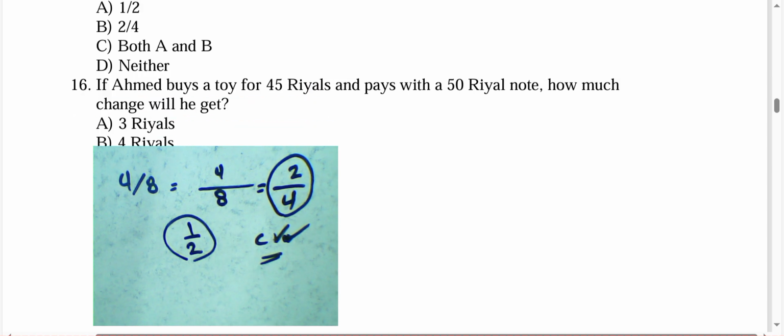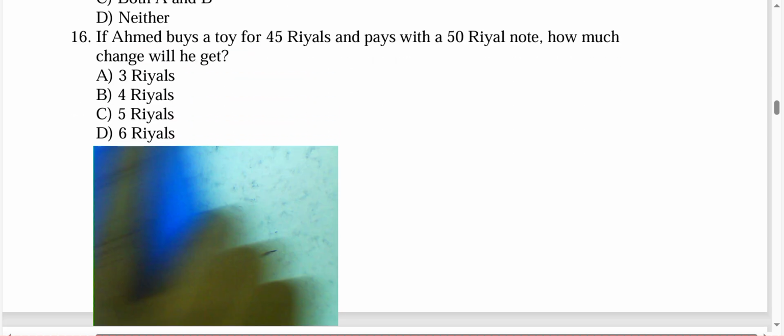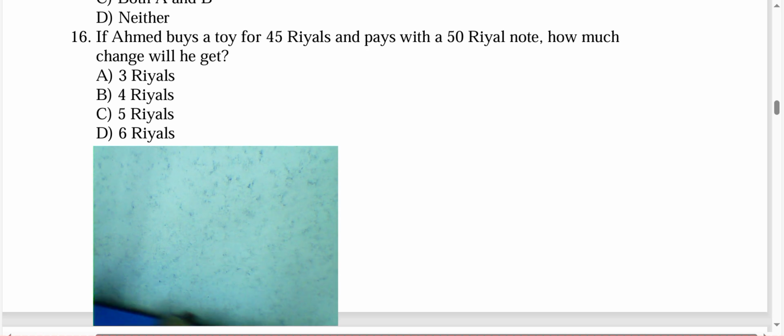Okay. Next question. If Ahmed pays for a toy that costs 45 riyals with a 50 riyal note, how much change will he get? We can find the difference between them.